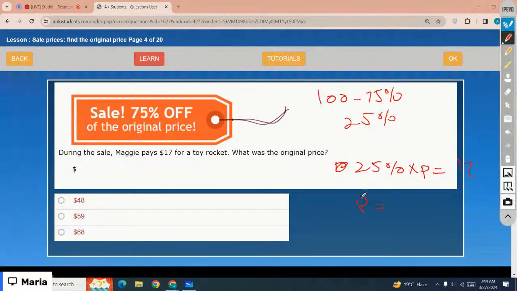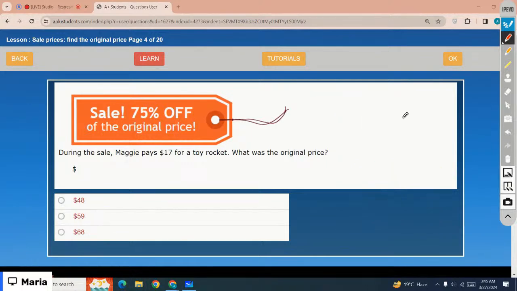So P equals 17 divided by 0.25. That would be 68. So the correct option is $68.